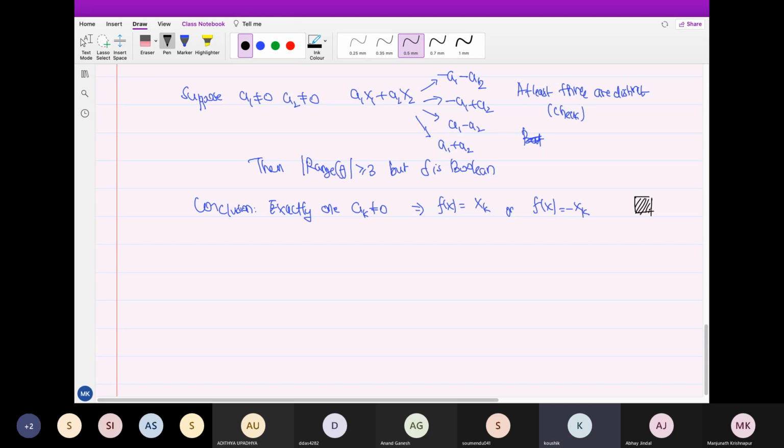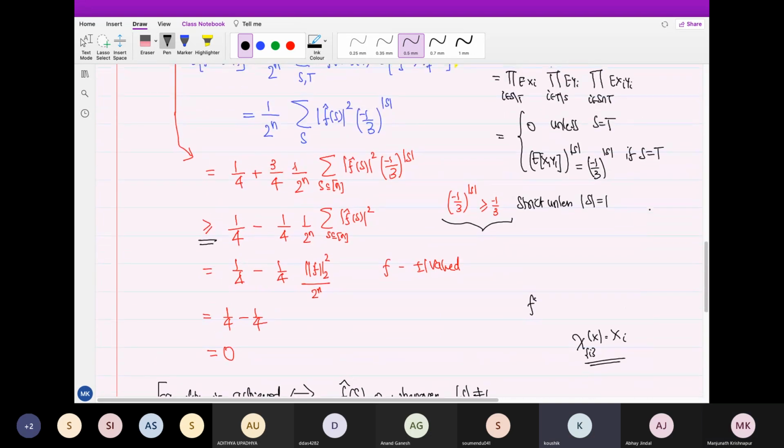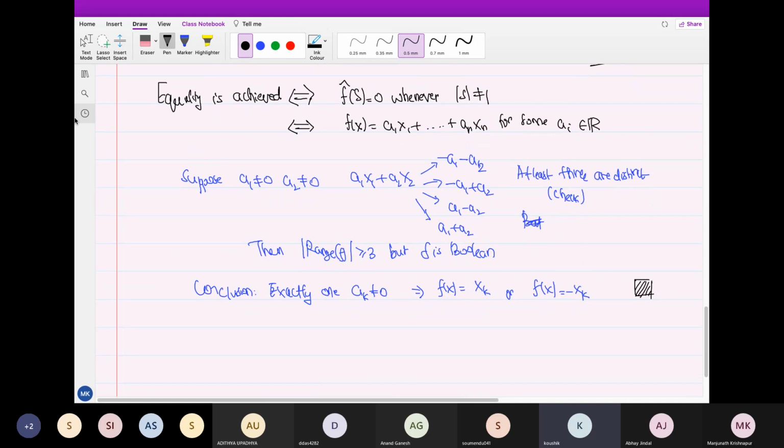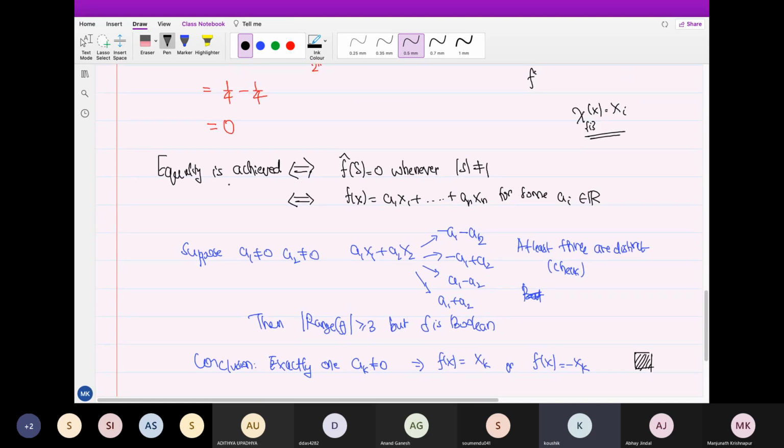So Manju, this argument about a1 and a2 not 0, I wonder if you can do it easier if you just use the linear independence of these monomials x1, ..., xn. Can you do that? Because it seems that they are linearly independent on this thing, right? They are linearly independent. Yeah, probably. So you can say it that way also.